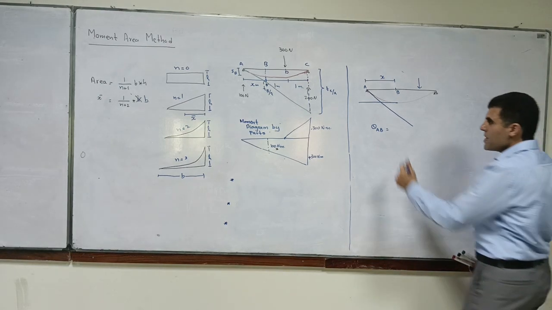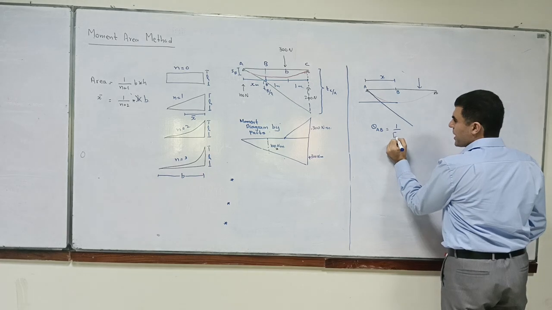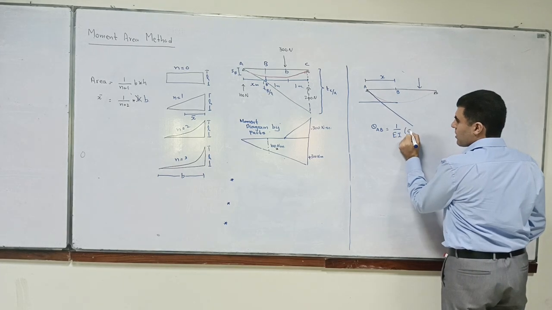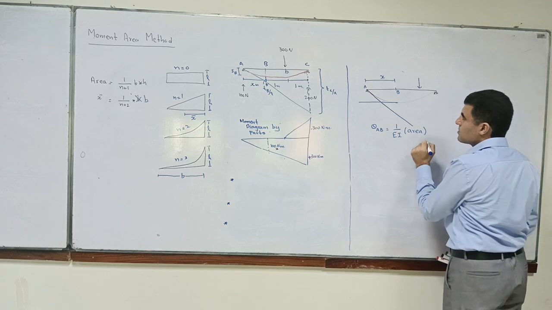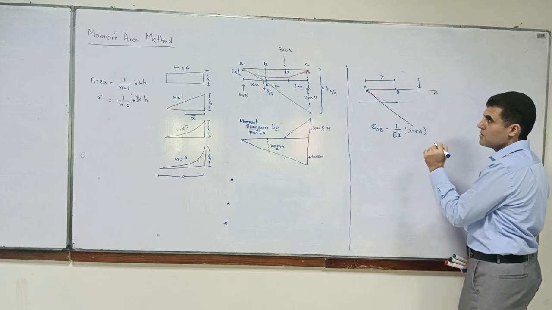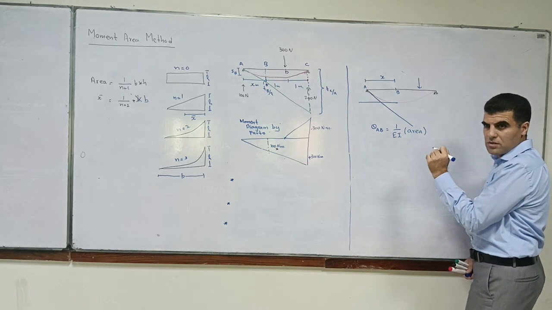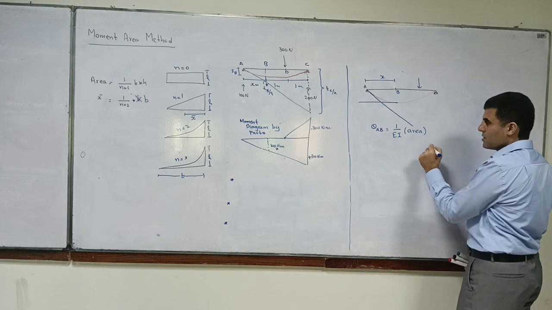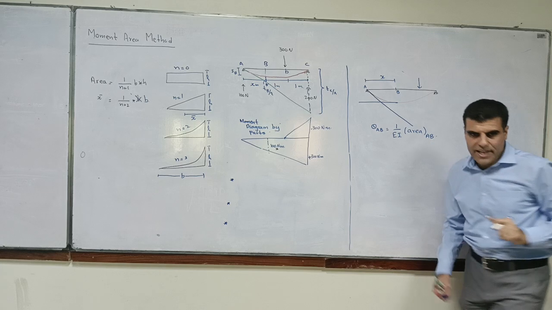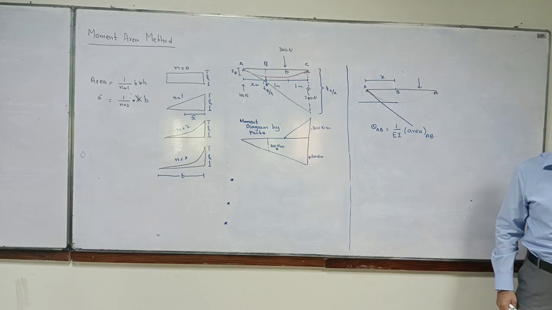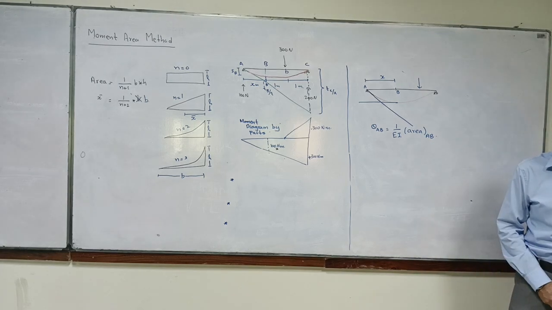What is theta AB? 1 over EI times the area of AB. So that is my theta AB. In terms of x, I can find it out. Agree?